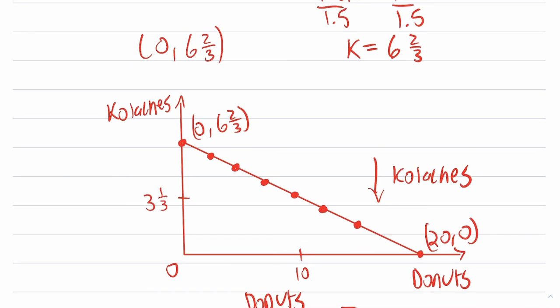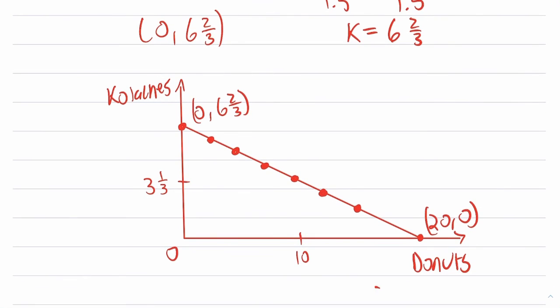You could either invest all your money buying kolaches, or you could do some mixture. But if you do a mixture, then the more donuts you buy, the fewer kolaches you buy. And that could be interpreted to go the other way. As you spend less on donuts, you will spend more on kolaches.